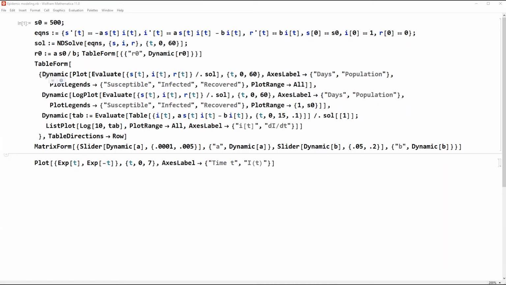I'm going to plot the number of susceptible, infected, and recovered people as a function of time on a linear scale, and then I'm going to plot it on a log scale, and then I'm going to do a parametric plot of the rate of change of infected people versus infected people.